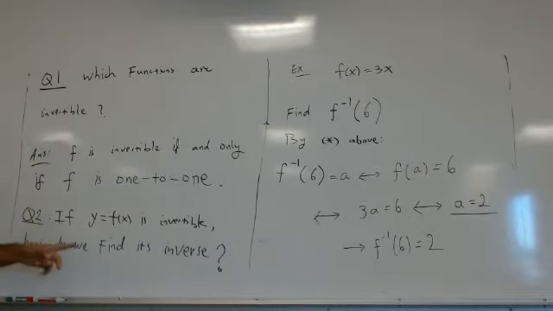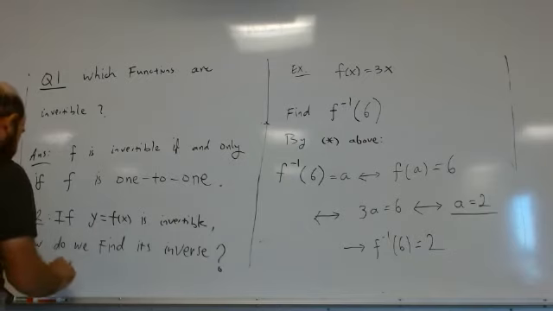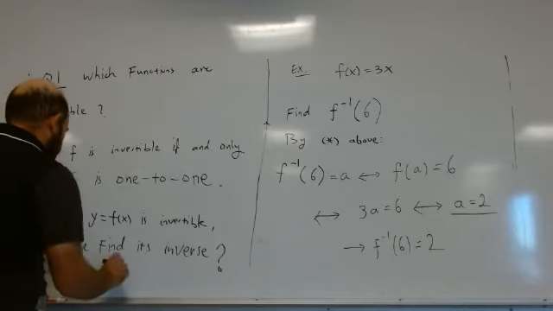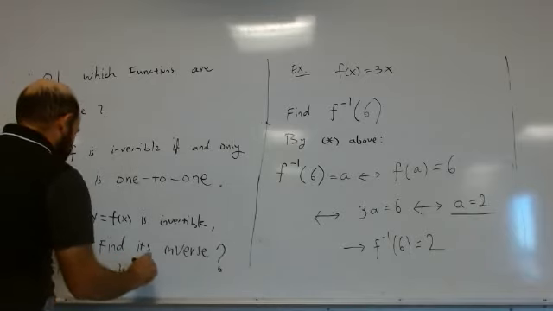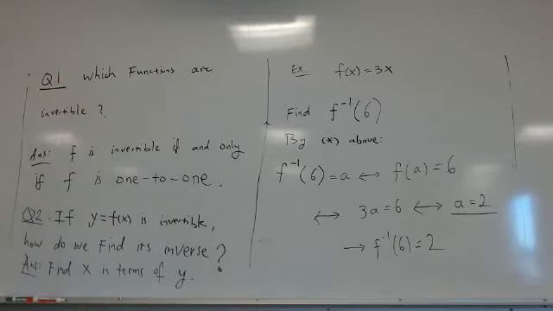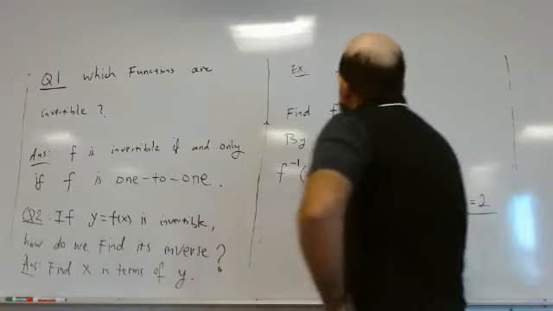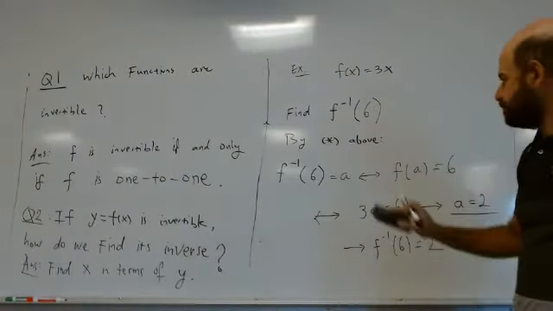We said the inverse of a function interchanges input with output. So if originally y is given in terms of x, now if you want to find f inverse, you need to find x in terms of y. So the answer is: find x in terms of y. For example, here, I can give another solution for this.